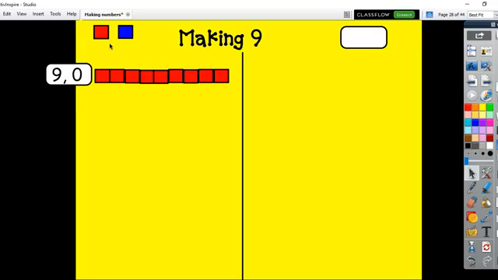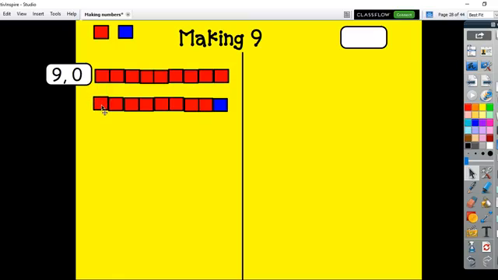So now I'm going to say, okay, I don't want to have 0 blues. I want to have 1 blue. So I'm going to put my 1 blue here. And then how many would I have red? Well, 1. So let's count on 2, 3, 4, 5, 6, 7, 8, 9.